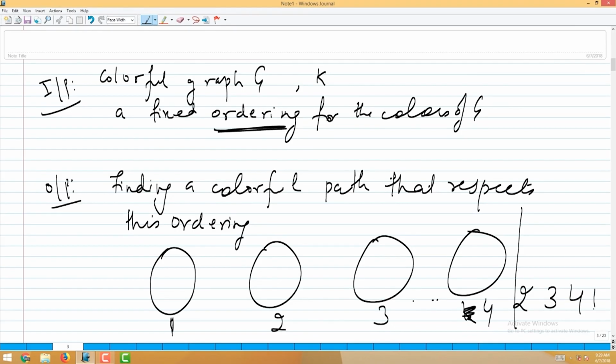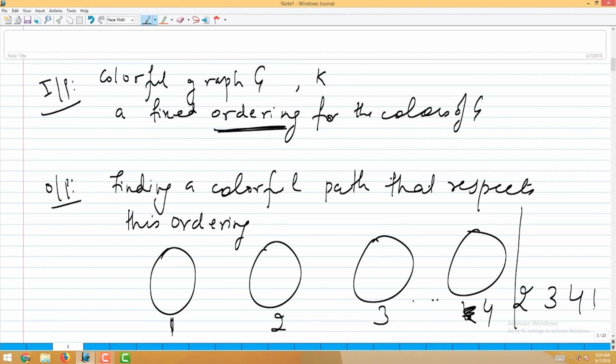So the problem that we are trying to solve is: is there a path in this graph whose first vertex comes from color class 2, second vertex comes from color class 3, third vertex comes from color class 4, and the last vertex comes from color class 1? That's the kind of path that we are looking for right now.